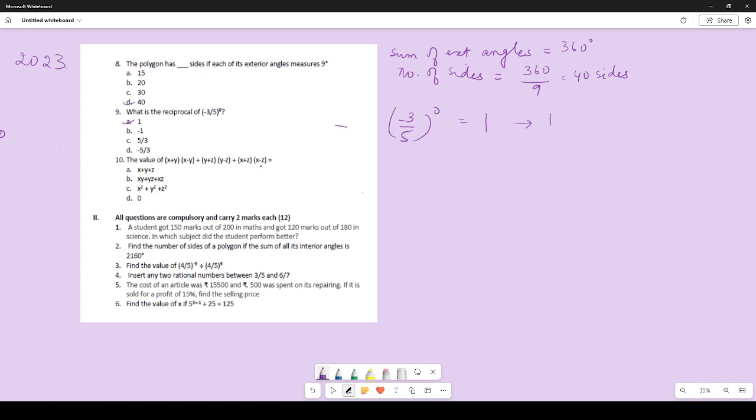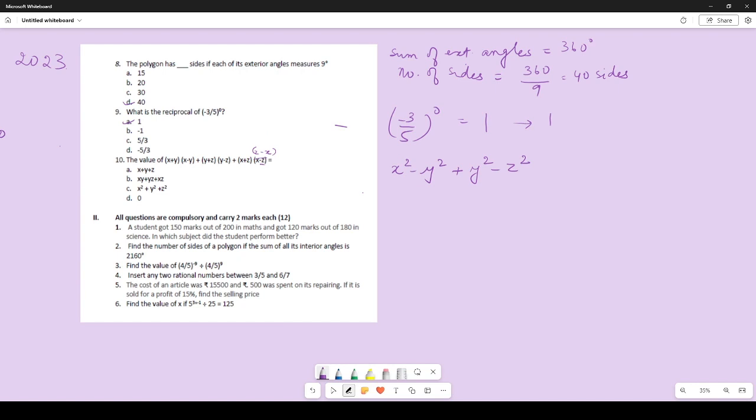There was an error in this question, which should have been z minus x, right? So if you look at this question, then x minus y into x plus y will be x square minus y square, plus y plus z into y minus z will be y square minus z square.